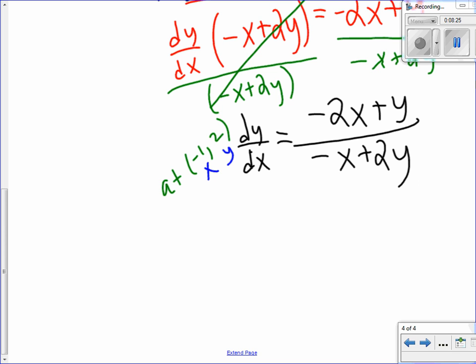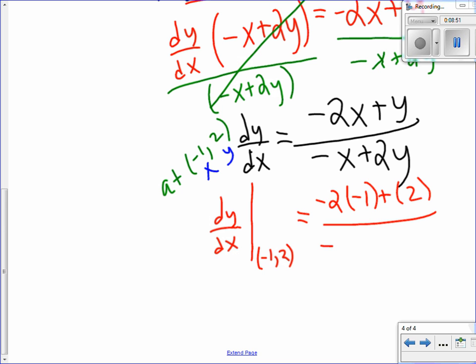So the derivative at that point, and the notation for this, when we're talking about the derivative at a certain point, we're going to draw a line, and in the bottom right-hand corner, we're going to write the point that we're talking about. So we're saying the derivative at (-1, 2) is, and we're going to go ahead and substitute in our x and our y values wherever appropriate.